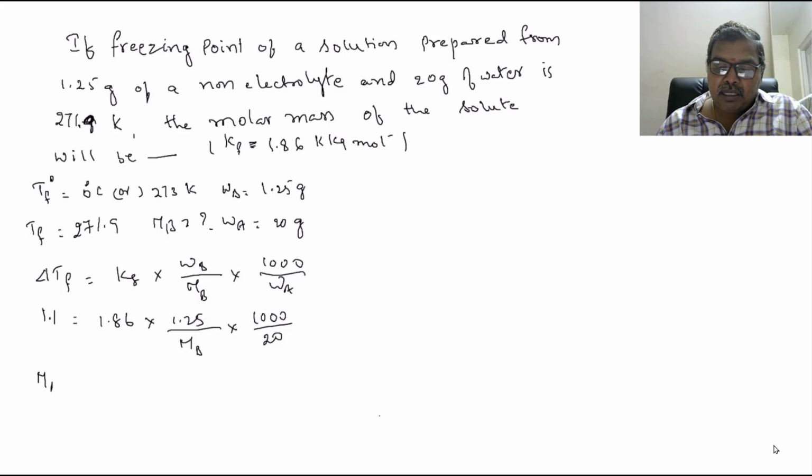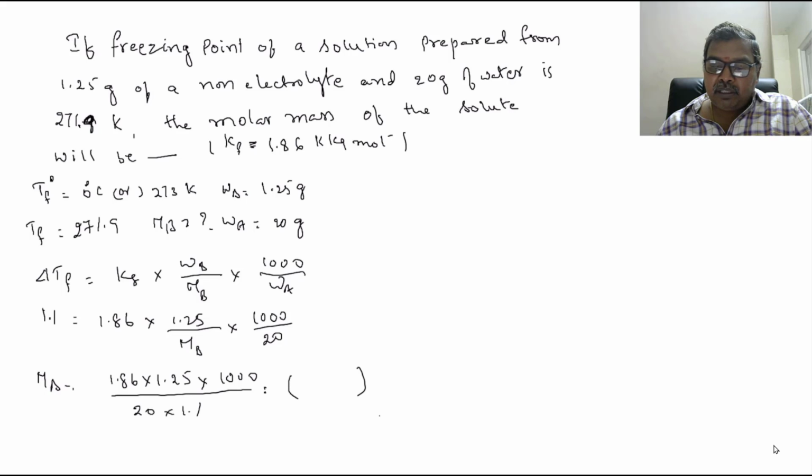So MB is equal to 1.86 into 1.25 into 1000 by 20 into 1.1. If you simplify this, you will get the answer around 105 to 106.